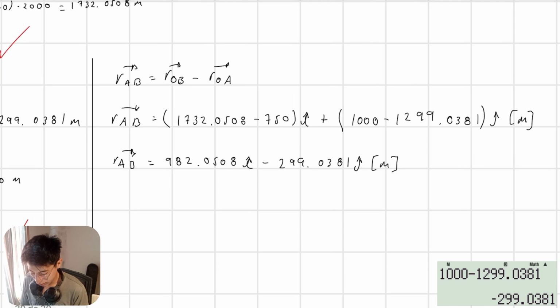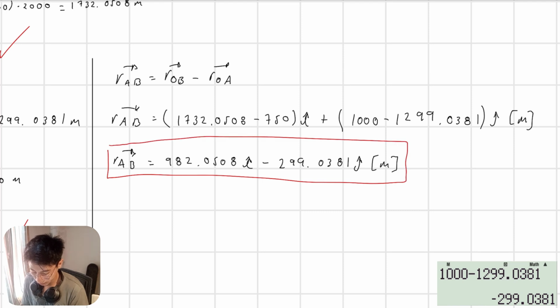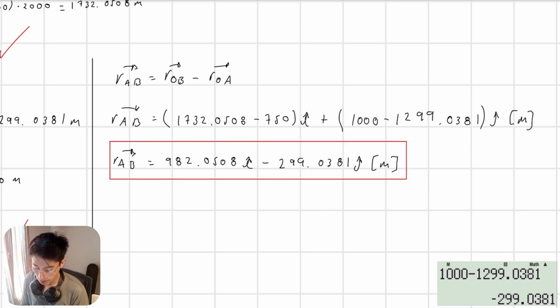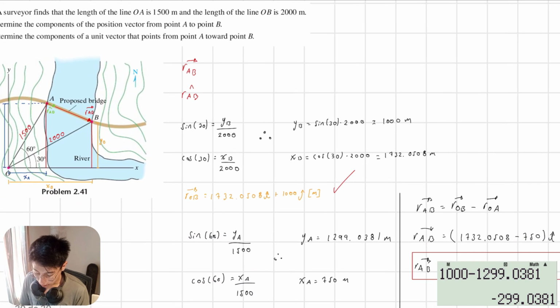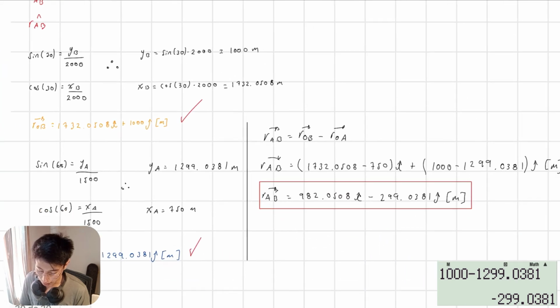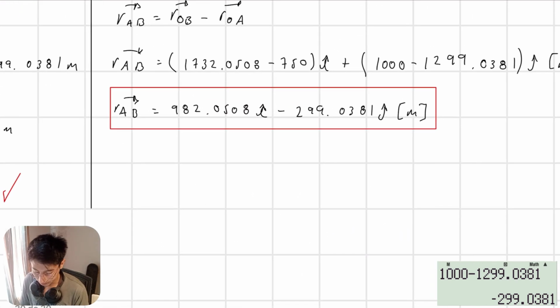Right, so this is the first solution for the first part of the exercise. Remember, you have to make sure that you always place the unit system, and they are looking for the unit vector.